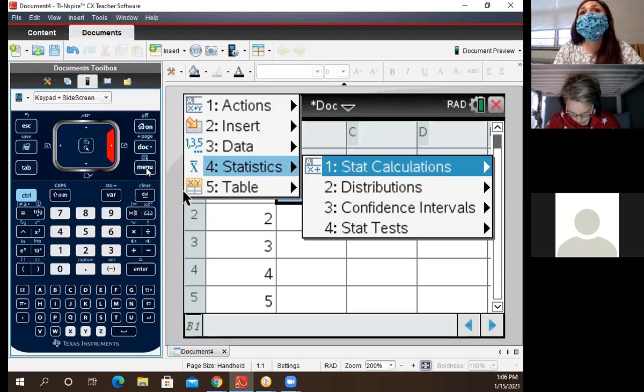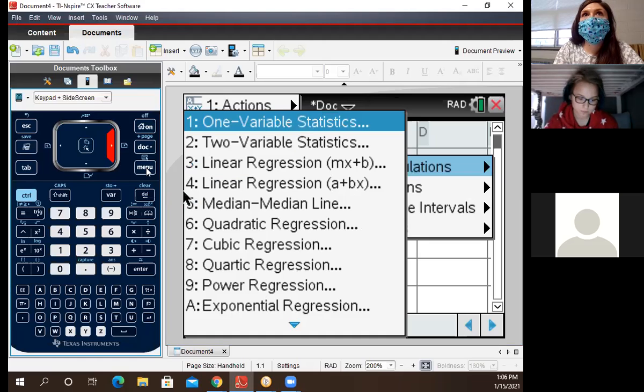Then I'm going to go to stat calculations. So I did menu, statistics, stat calculations. And now I want to select one variable statistics. That's that first option out of the big long list, one variable statistics.